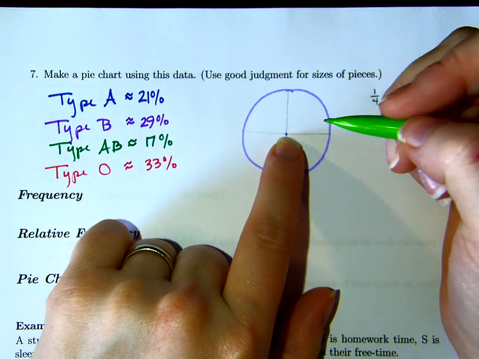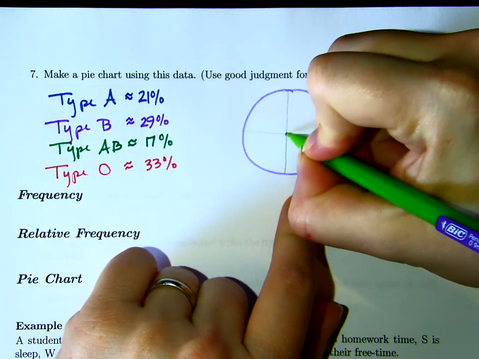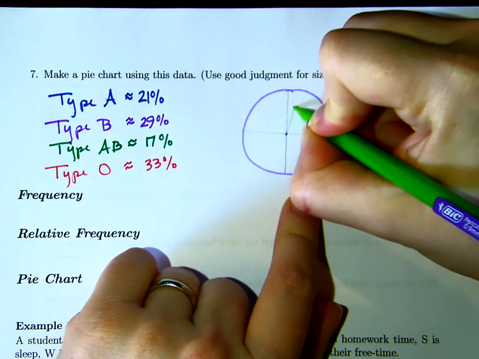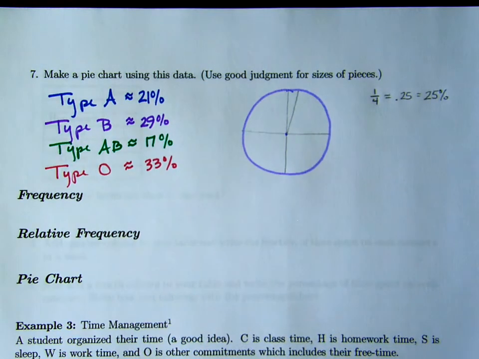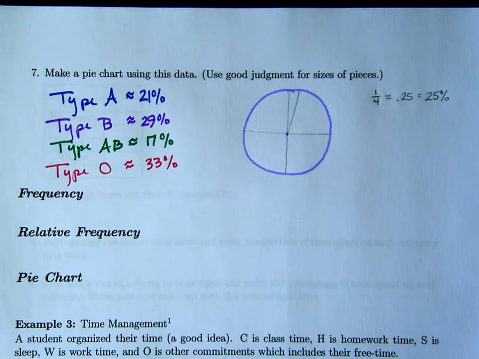That's not a lot in terms of proportionality. So I'm going to just make this something like that. Okay, maybe even a little bit smaller, but I'll leave it. Okay, so type A, 21%, is the smaller of these two.